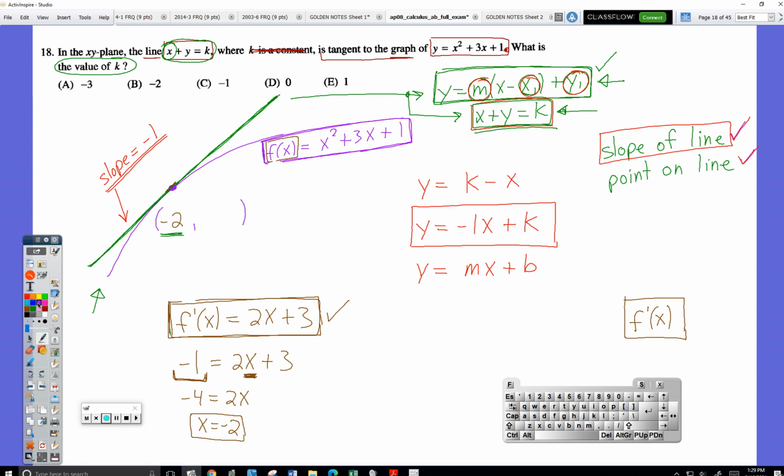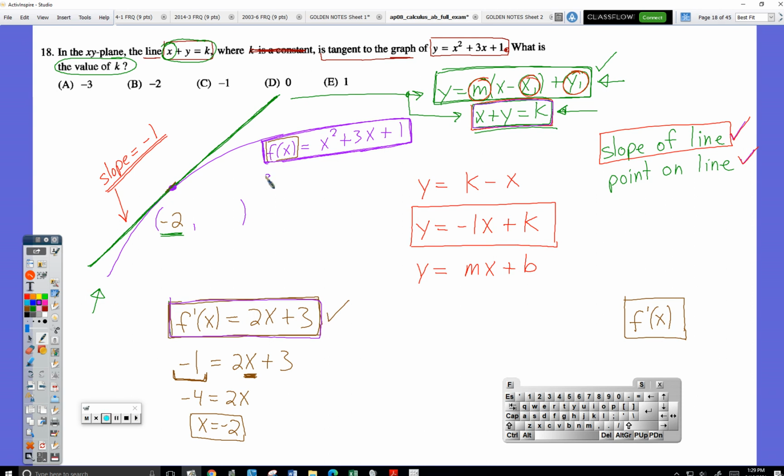And they boil down to simple things. The purpose of this equation is to plug in an x, find a y, plug in a y, find an x on the line. And this is in the golden notes. This one, plug in an x, find a y, plug in a y, find an x on the curve. This one, plug in an x, find a slope, plug in a slope, find an x on the curve. That's what you have to know to solve this problem.